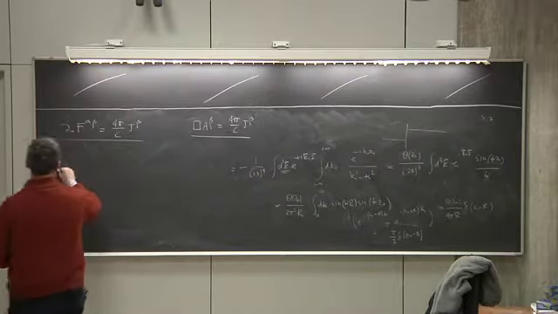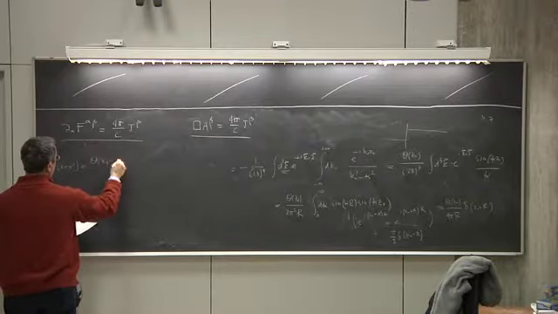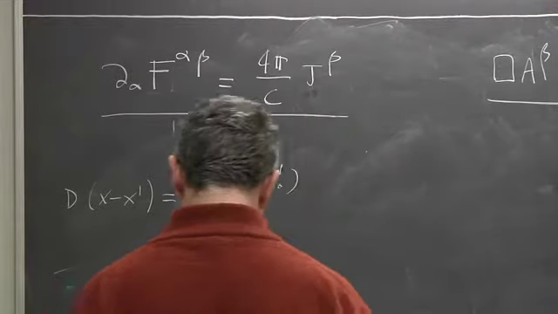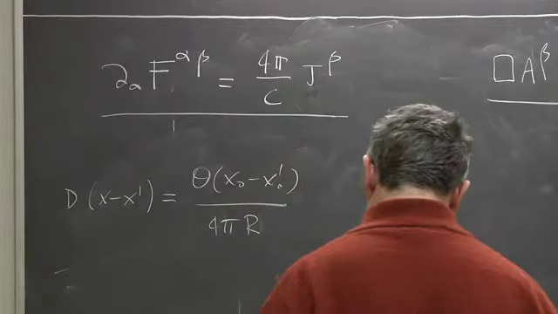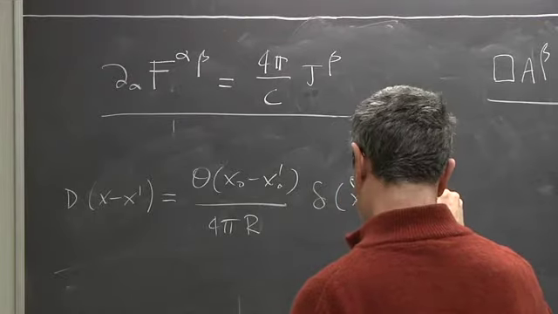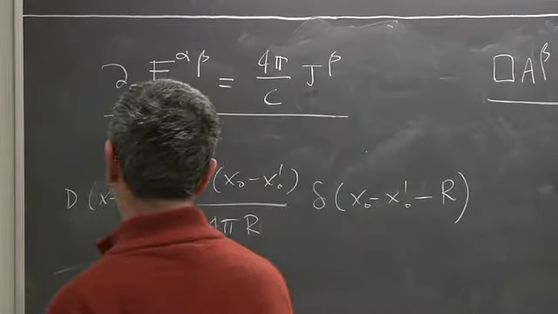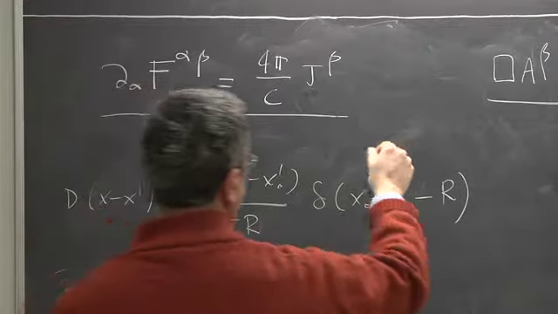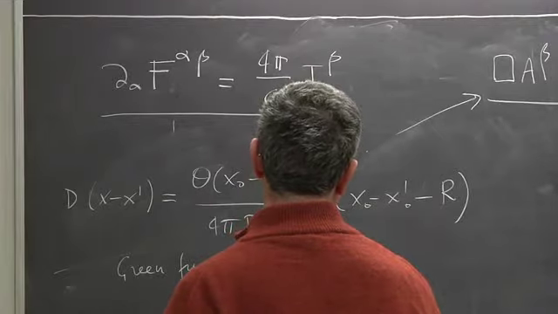Your Green function is theta of x naught minus x prime naught, if I substitute for z the original value, divided by 4 pi r, where r is the measure of the distance in space, and here you have the delta function of x0 minus x prime 0 minus r. So very compact result. This is the Green function for this equation, and it is called the retarded.